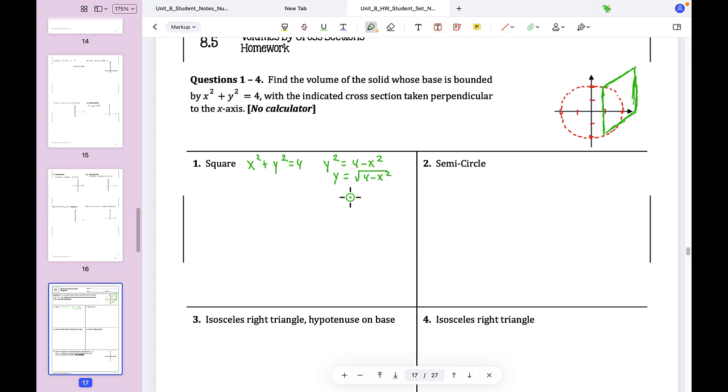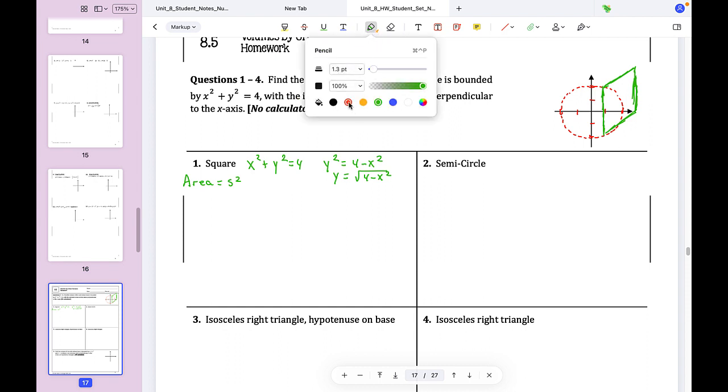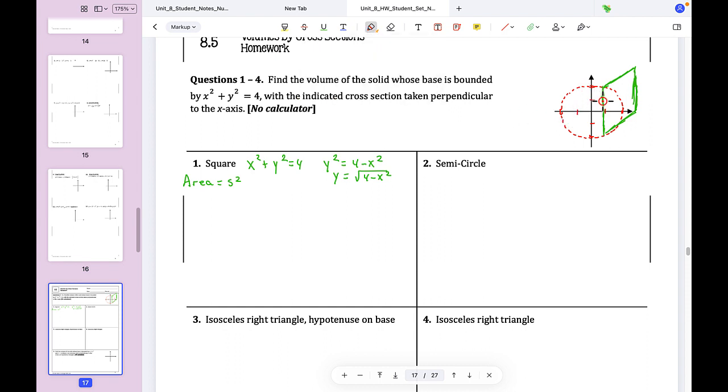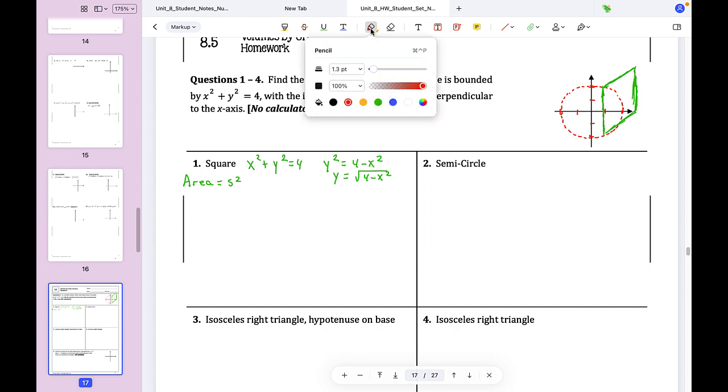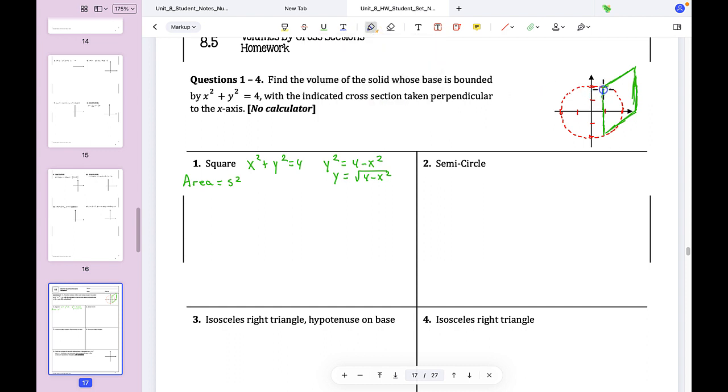Now a square's area is side squared. Somehow I have to figure out the length of the full side of the square.